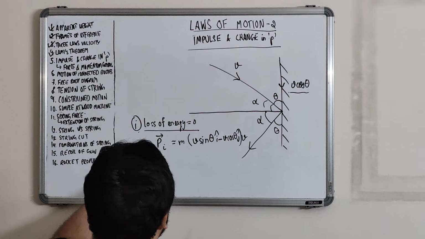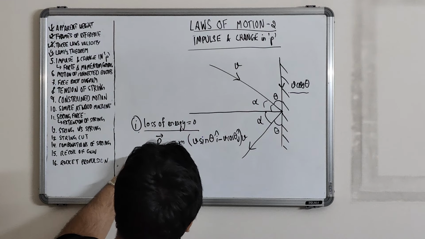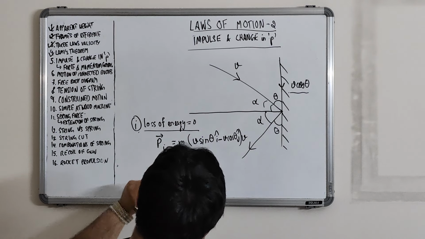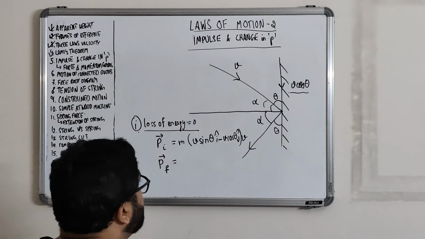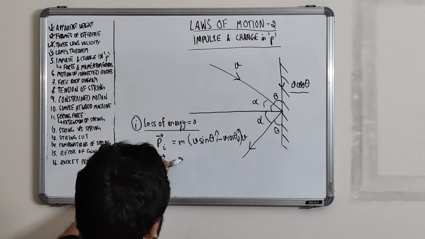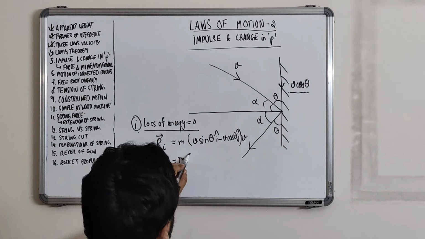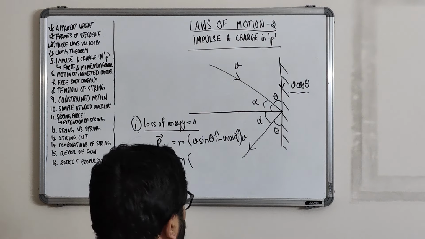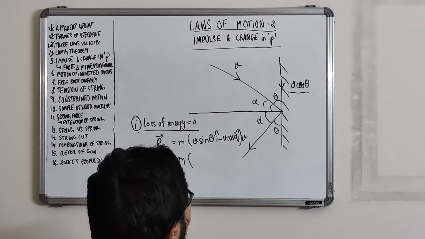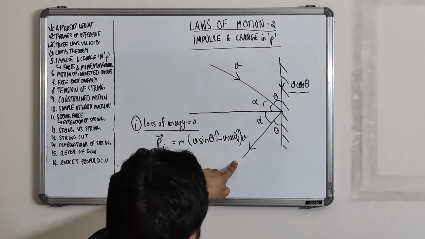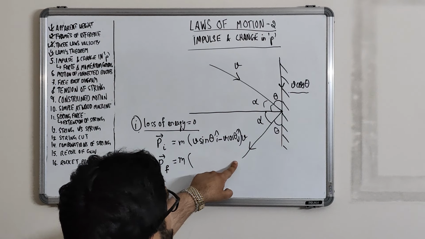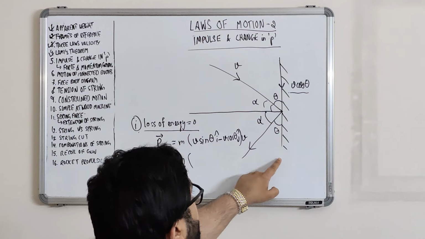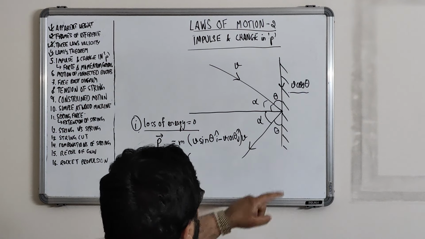Similarly, we will get the p vector of final. So m is constant, v is constant, but what is happening now? Now this v is here, and the y component is still v cos theta and it's still downwards.